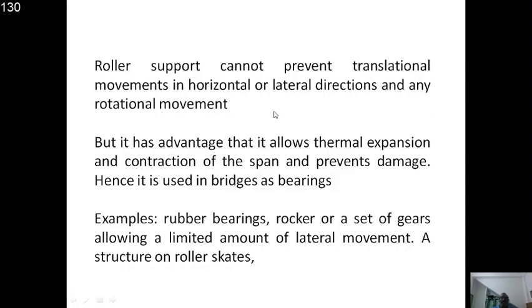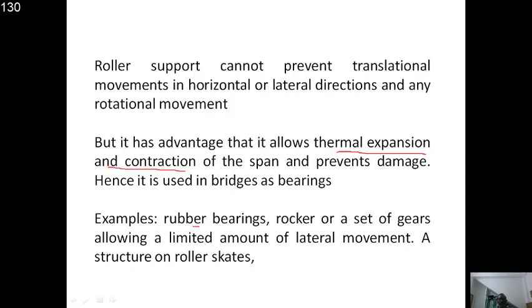So it gives only one resistance. In other directions it cannot offer any reactions. It allows movement in other directions, and rotational movement is also possible. But it has the advantage that it allows thermal expansion. That's why we are using it in bridges.